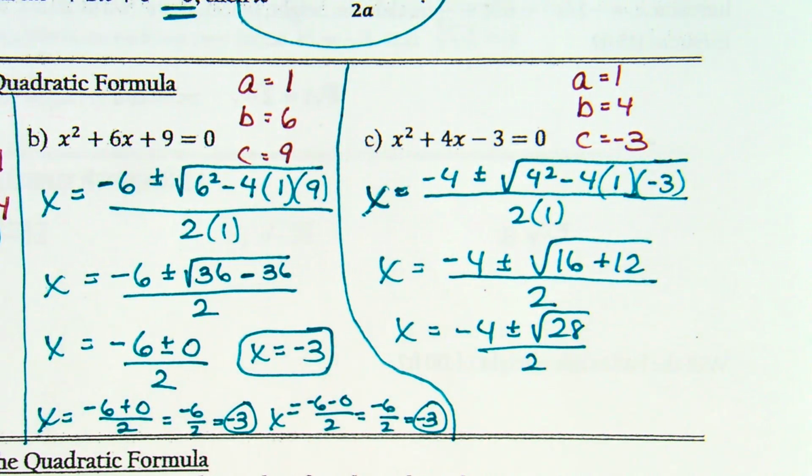Are there any perfect squares in the square root of 28? Yep. Okay, what I'm trying to jog your memory with is that... Why didn't we do that with 33 then? Because there's no perfect squares in 33.